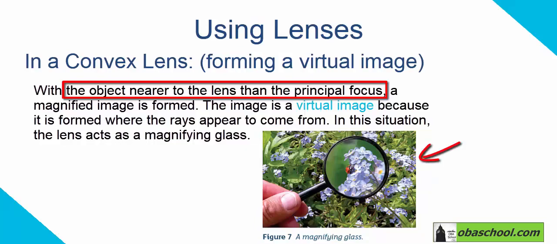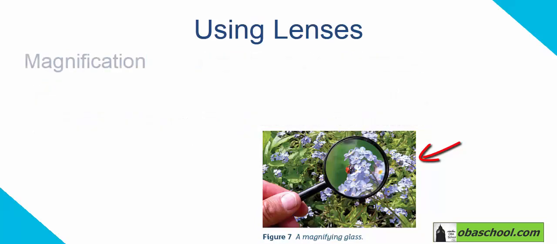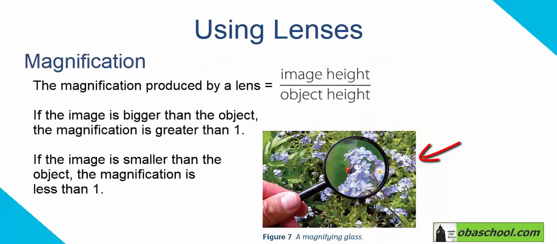So, it's very important here to mention magnification. The magnification is the ratio of the image's height to the object's height. So when the image is bigger than the object, the magnification will be greater than 1, because the image's height will be greater than that of the object and thus the ratio will be greater than 1.